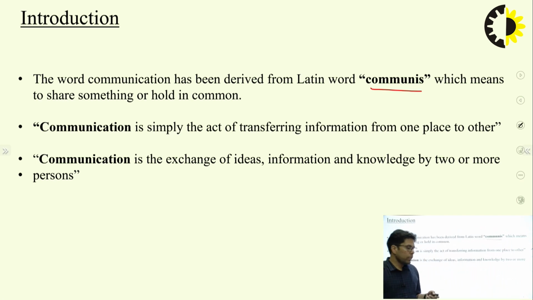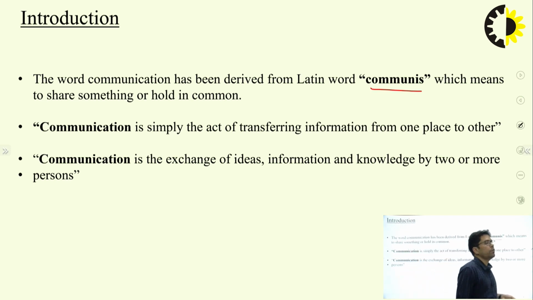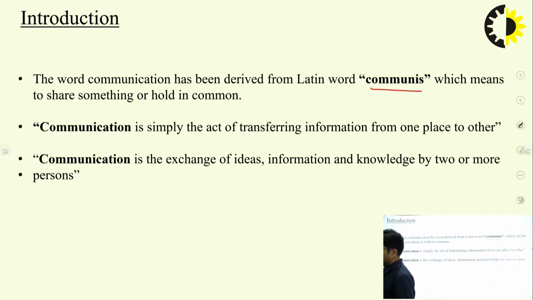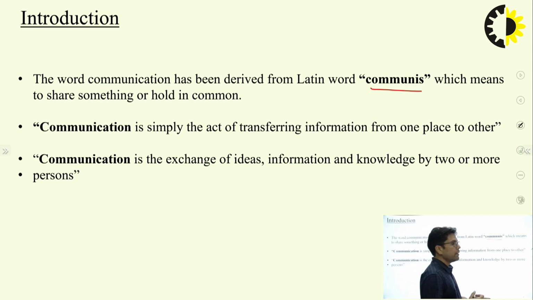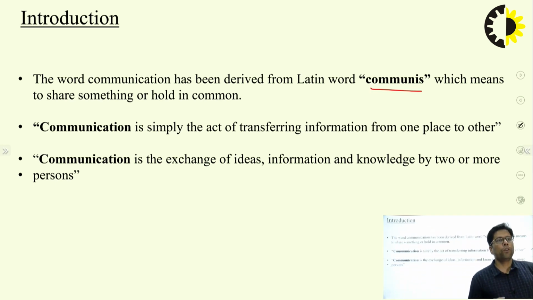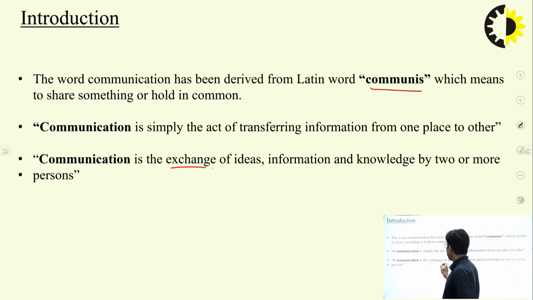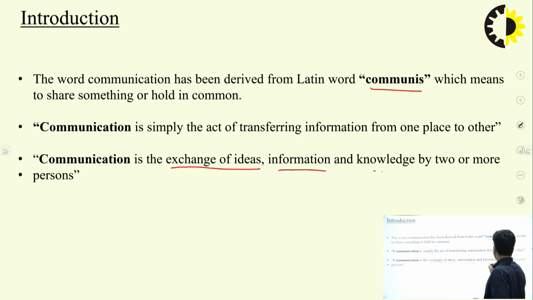In this case, we need some kind of interpreter in between the 2 persons so that communication can be possible. So, we can say communication is nothing but a transformation of an informative signal from source to destination or transmitter to receiver as well. Here we have mentioned the exchange of ideas, information and knowledge by 2 or more persons. So, this is the basic definition of communication.